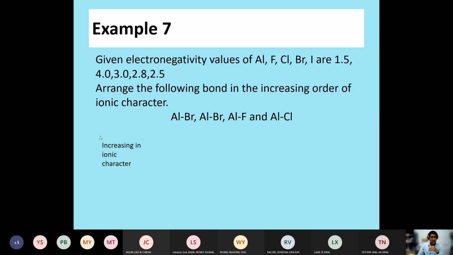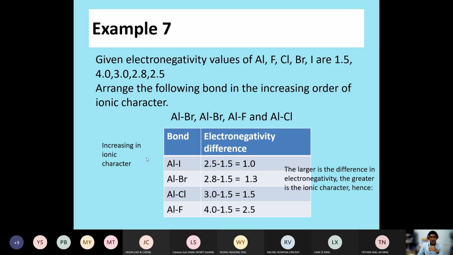So the ionic character will increase when we go down the periodic table in the same group, because the size of the atom is increasing.